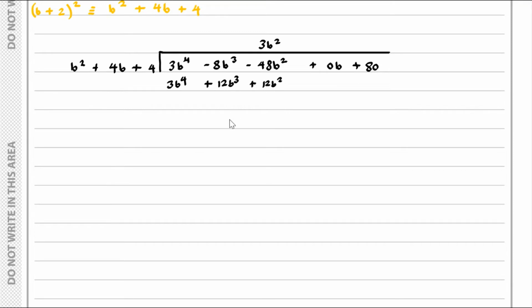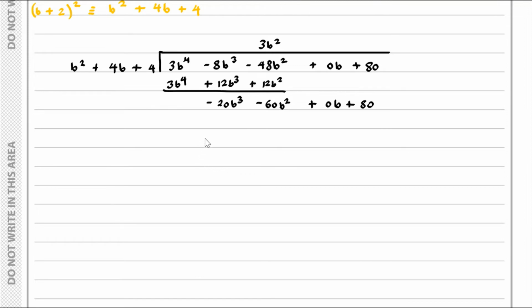And subtracting these, we end up with minus 20b cubed, because 3b to the 4 minus 3b to the 4 would be 0. And here we end up with minus 60b squared. We bring these two down, so we have plus 0b plus 80.